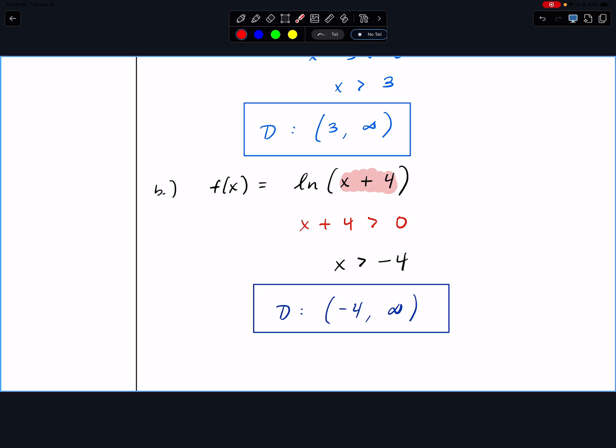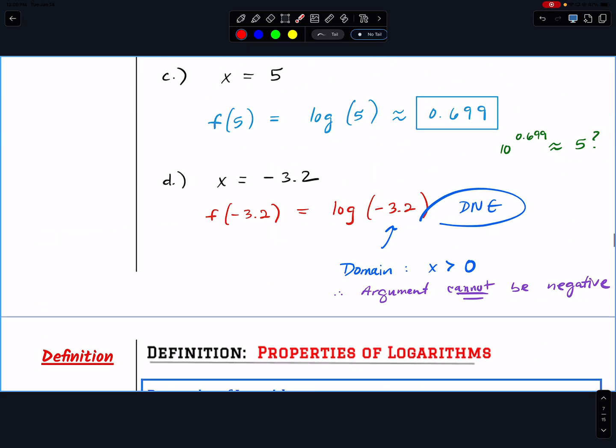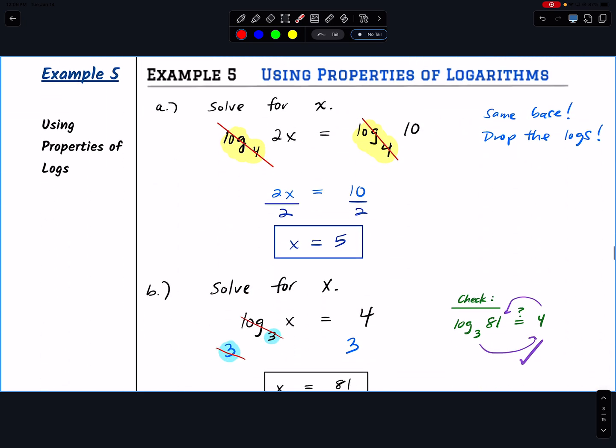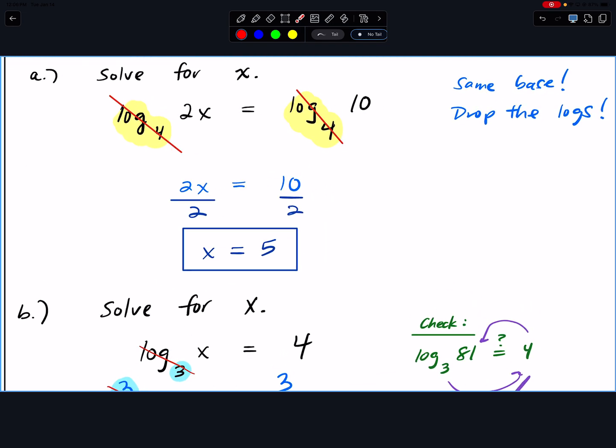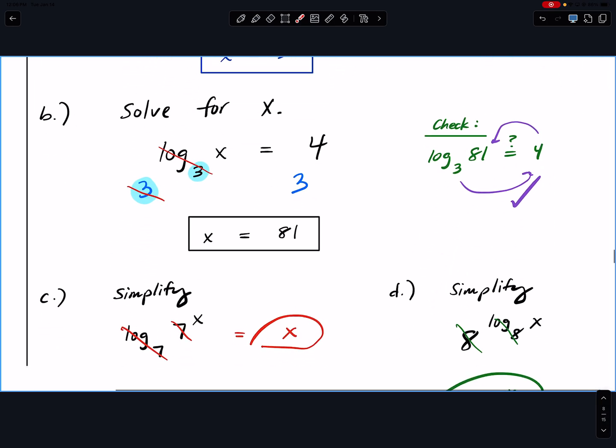So when we were trying to cancel out a log, for example, with log 4, you cancel out by 4. With log 3, you cancel out by 3.